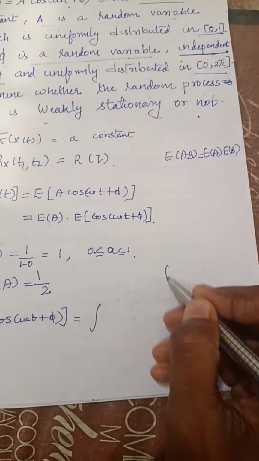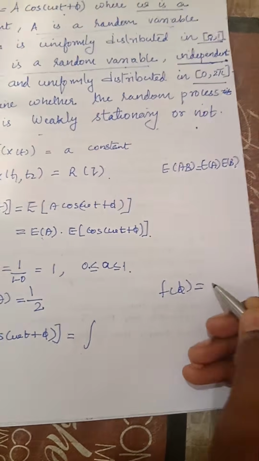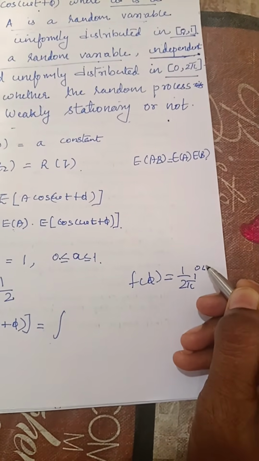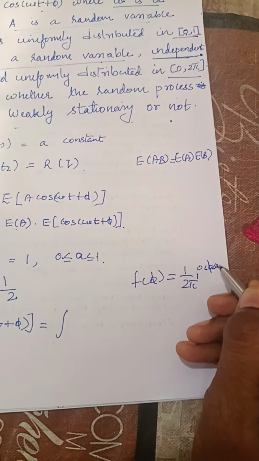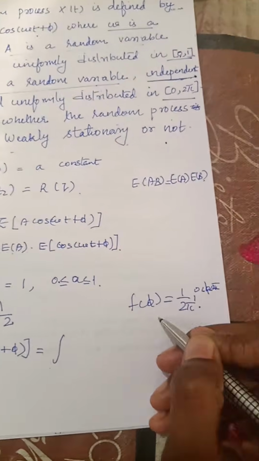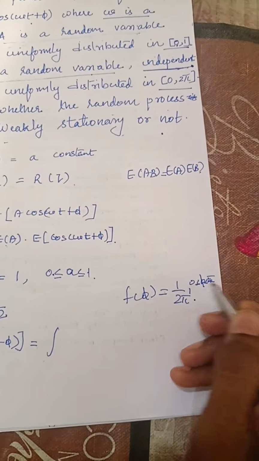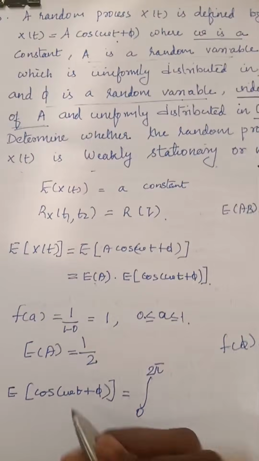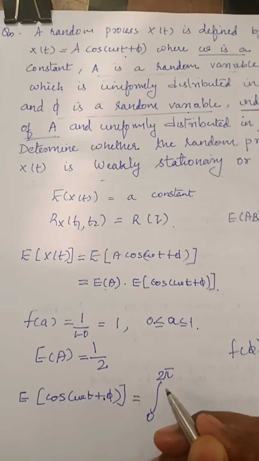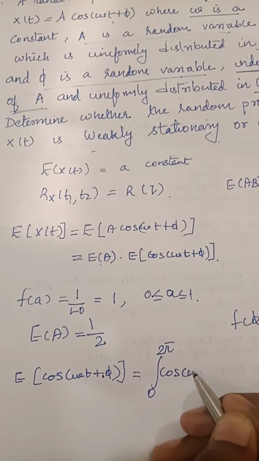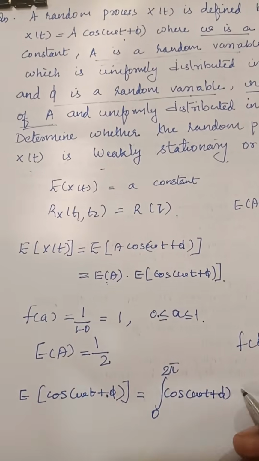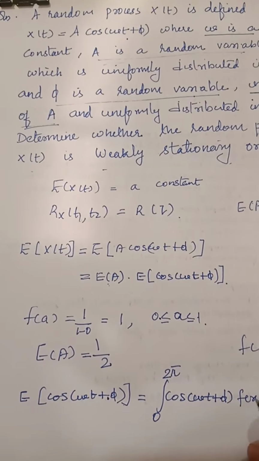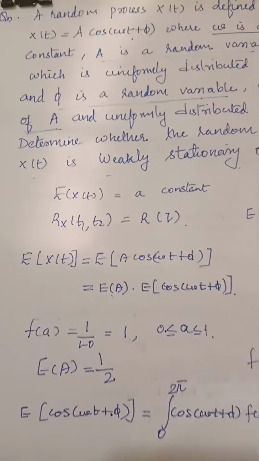So f of phi will be 1 by 2 pi. So the range of the integral will be 0 to 2 pi. Expectation of a function is that function into our probability density function, so here it is f of phi d phi. Okay.